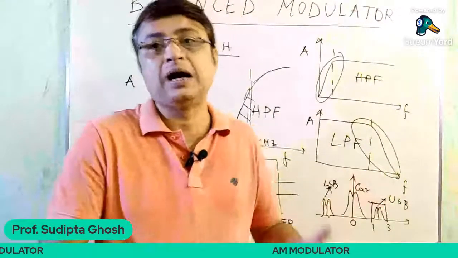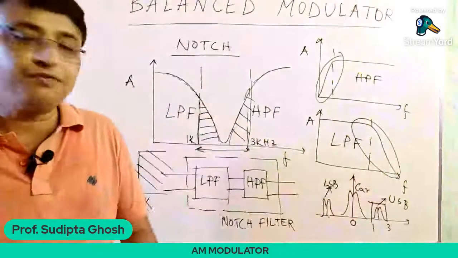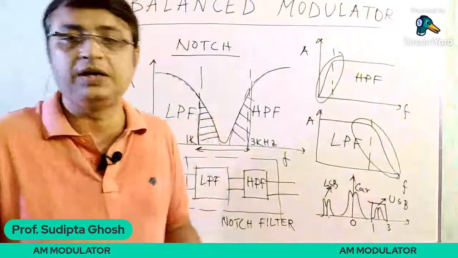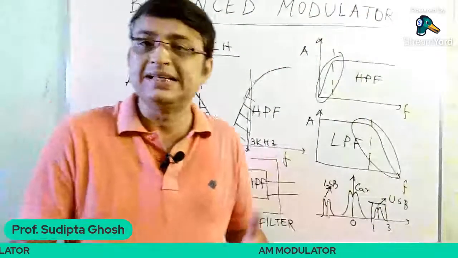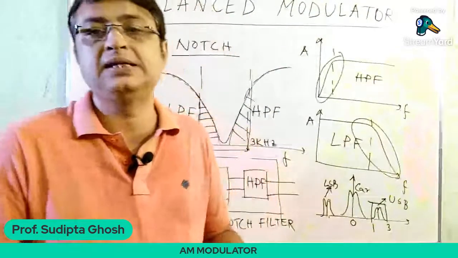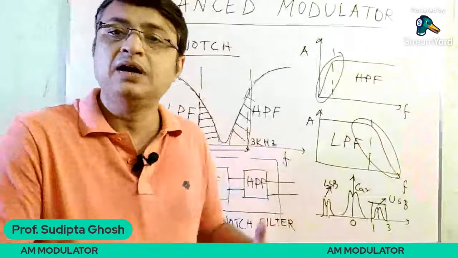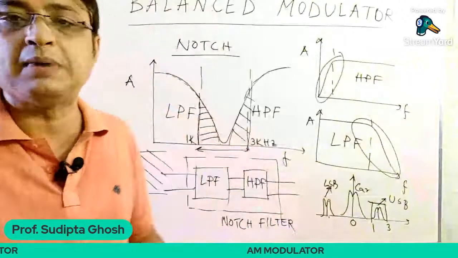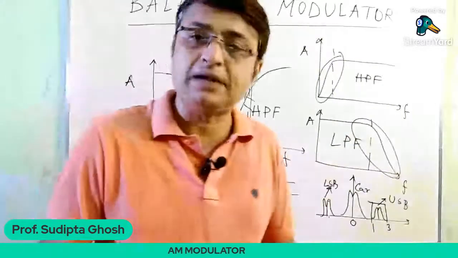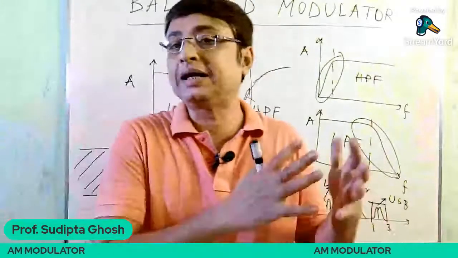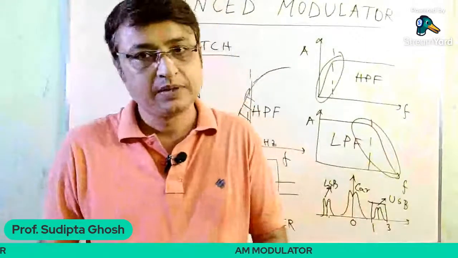So while using a band reject filter, or a notch filter, to generate this single sideband wave, while removing the sideband from the entire spectrum, we actually remove some part of the carrier as well.